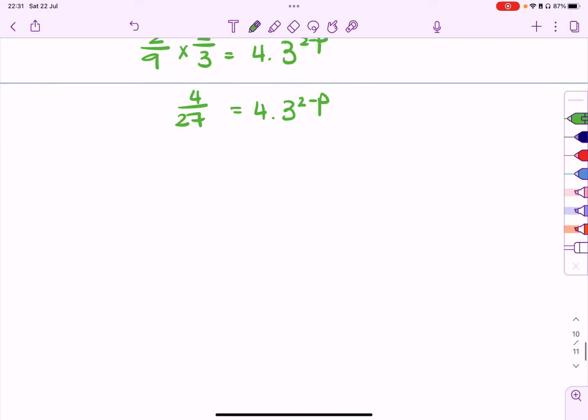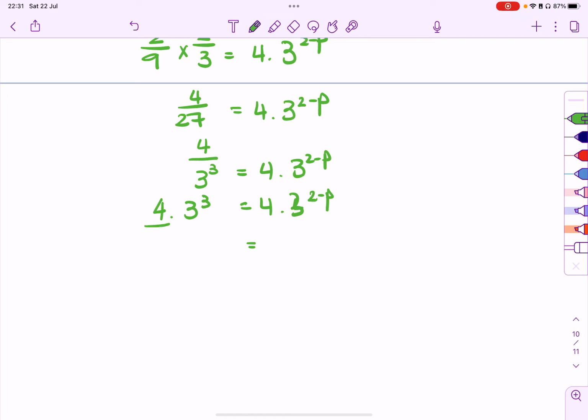Okay, so we can see that 27 is a power of 3. It is 3 to the power of 3. So let's put it in the same sort of format as the left hand side.